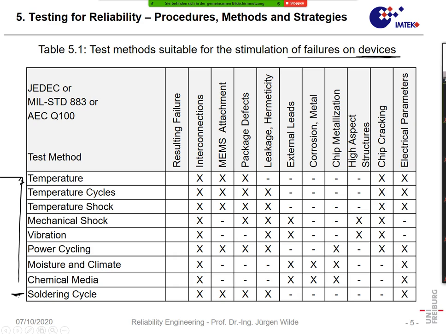And generally, when we have high aspect ratio structures, these are very sensitive to mechanical shock and vibration. If it's a thin and long structure, it will always deform very strongly, like when you take a ruler, fix it at one end, and then it will vibrate in a strong way when you touch it. We can have cracking of chips, and what is always very important is that electrical parameters of our device can be degraded.